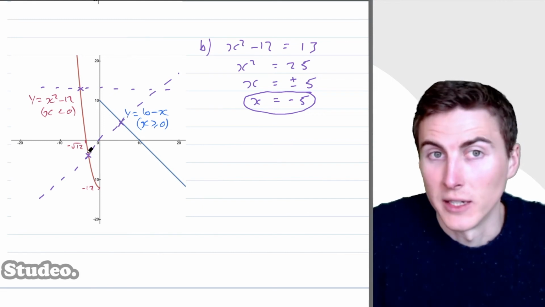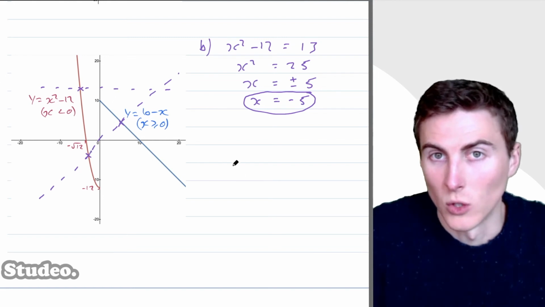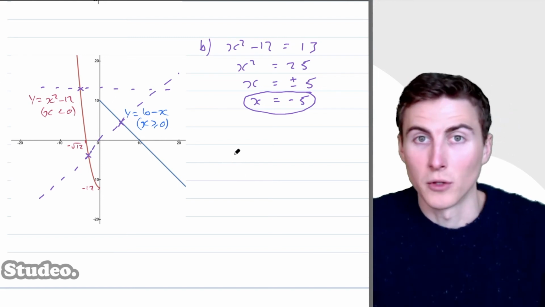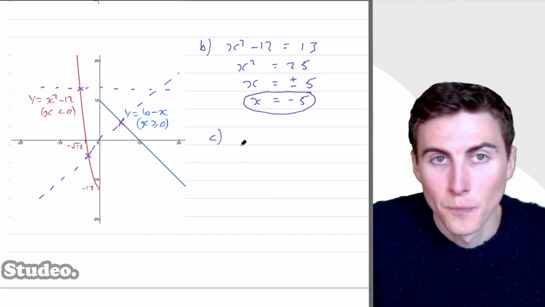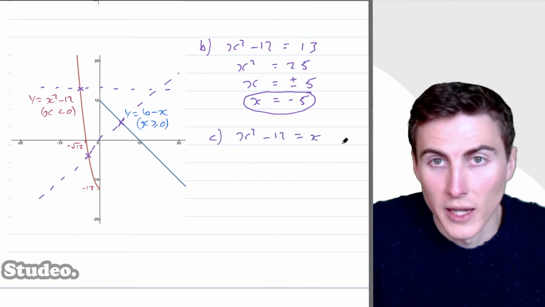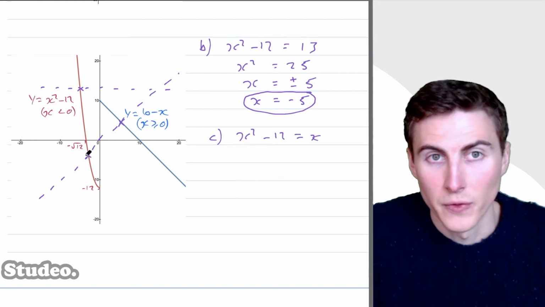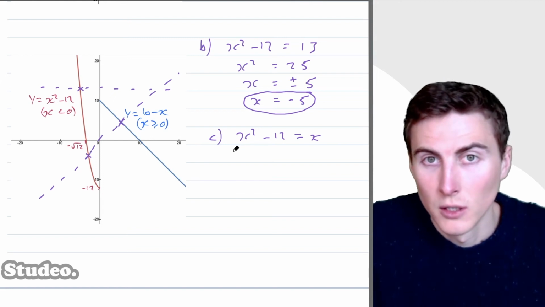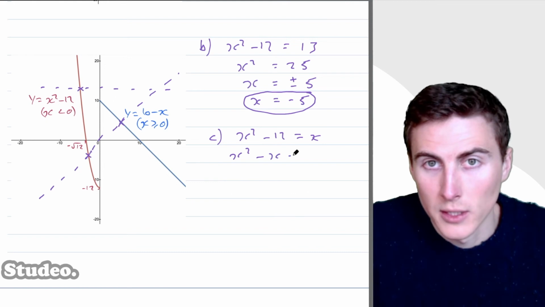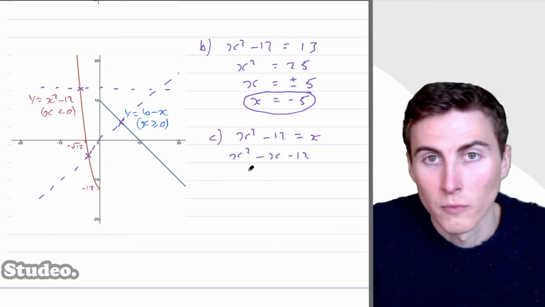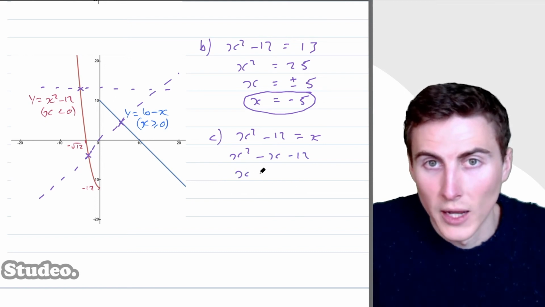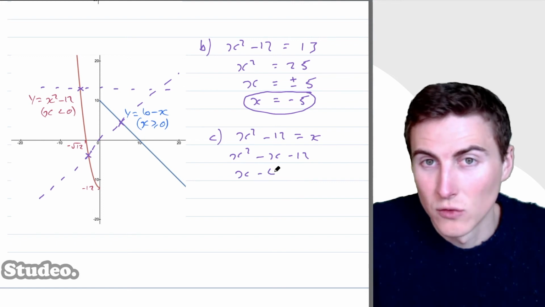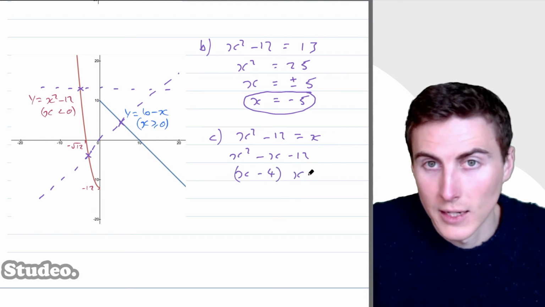I know it intercepts both of the curves, so I'm going to have to make x equal both curves. I could do x squared minus 12 equals x first, which will give me this solution here. That means x squared minus x minus 12 equals 0, which factorises to (x minus 4)(x plus 3).